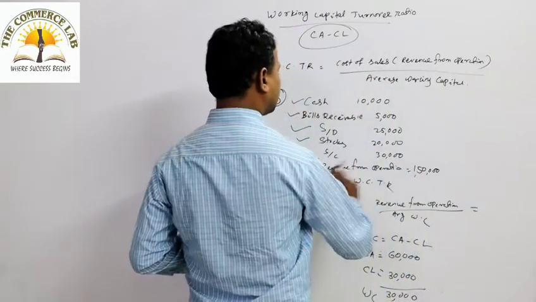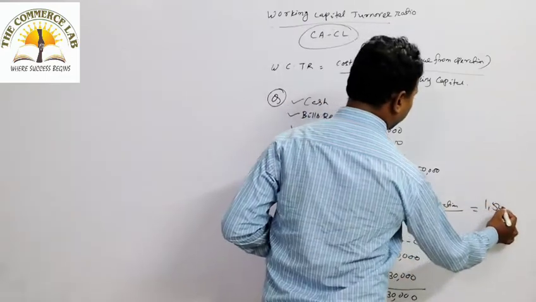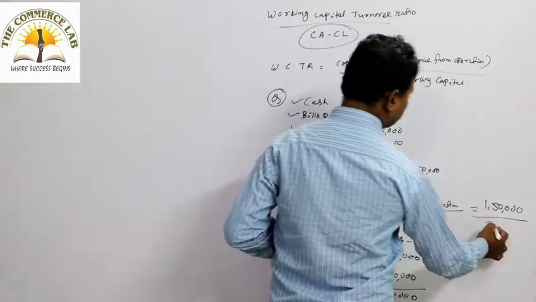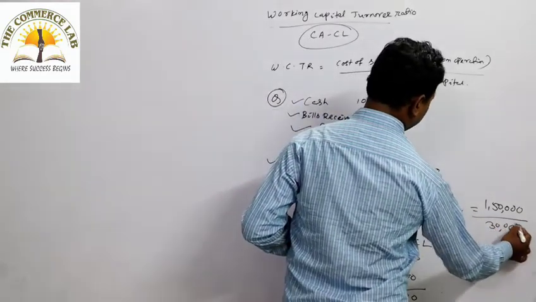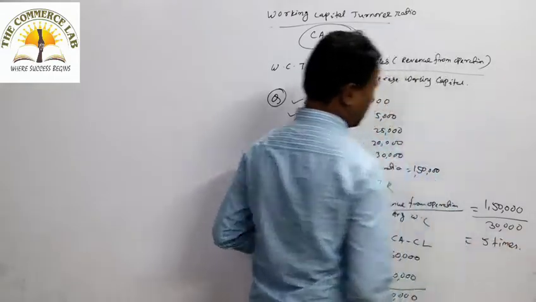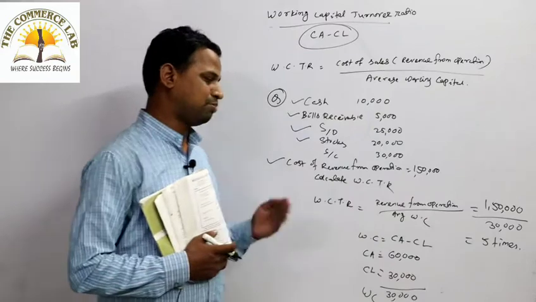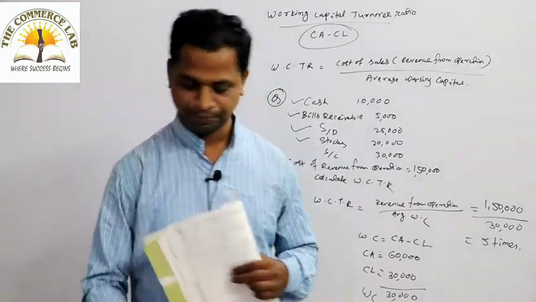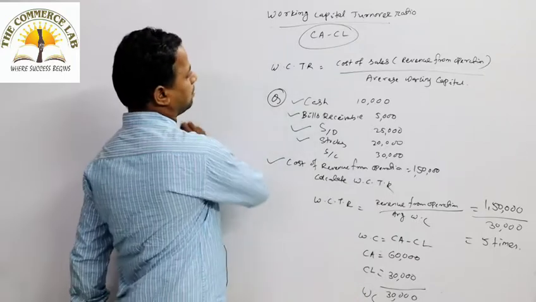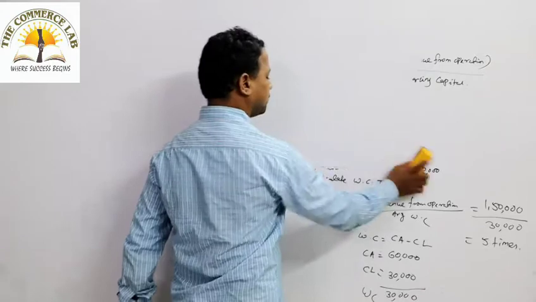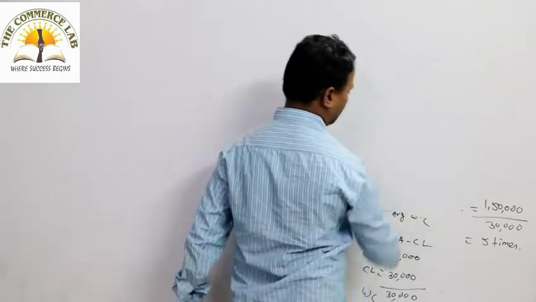Revenue from operation given in the question is 1,50,000, and average working capital is 30,000, so you get 5 times. It means in a particular year the working capital is turned over 5 times in the business. So this is known as the working capital turnover ratio. This is a very important problem.